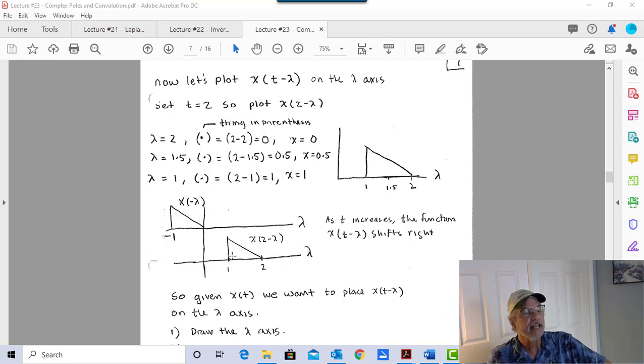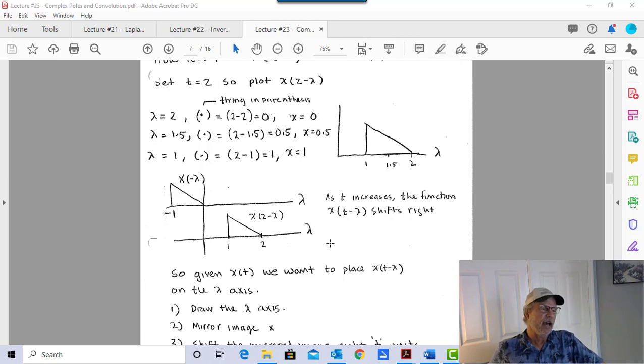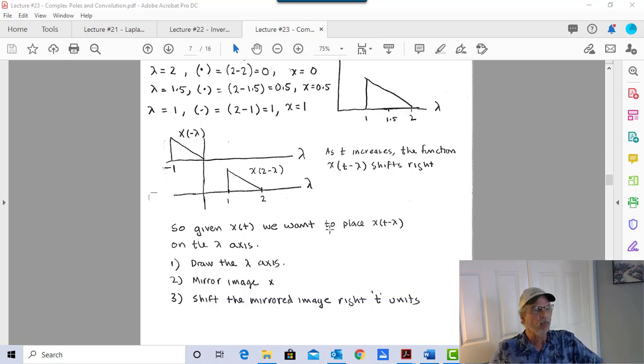As t increases, you can convince yourself up here, t is just shifting my function right on the lambda axis. So given x of t, we want to place x of t minus lambda on the lambda axis.